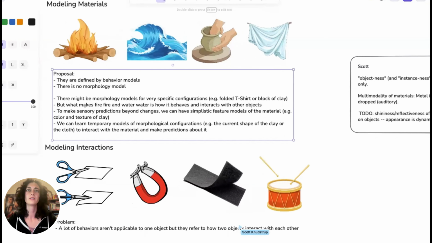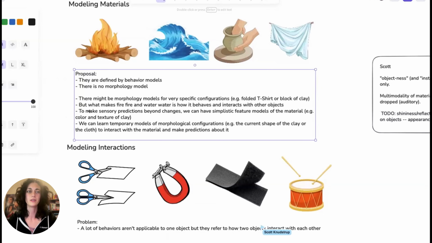So I guess I feel like it could be a separate type that gets input that's not about point normals in 3D space. It's more about features with local neighborhoods. There might be simplistic features of the material, like the color and the texture of clay or water or fire.